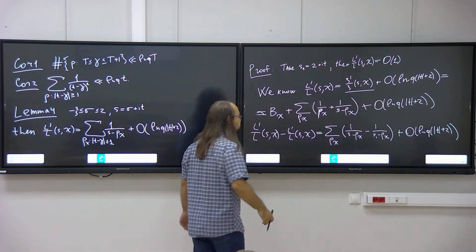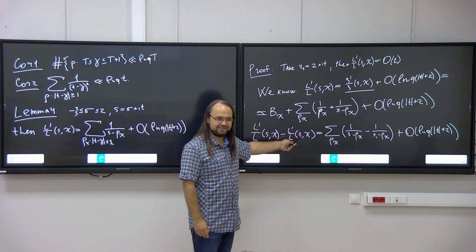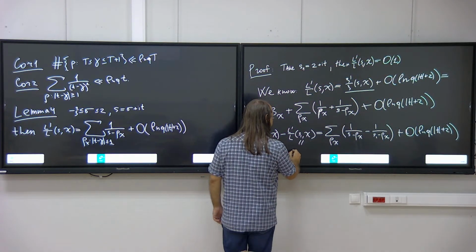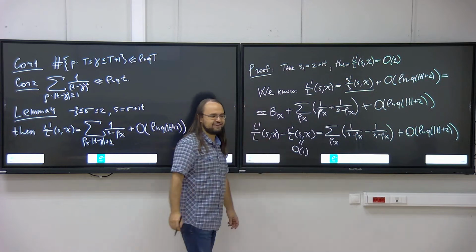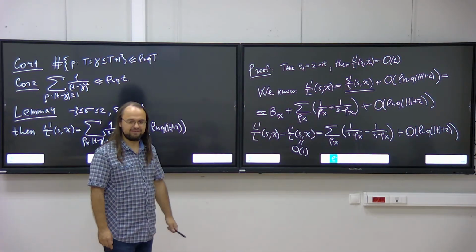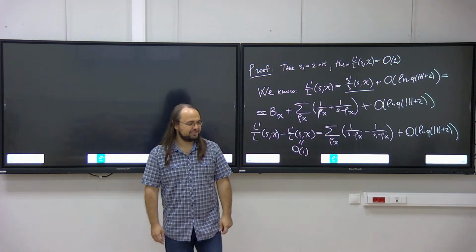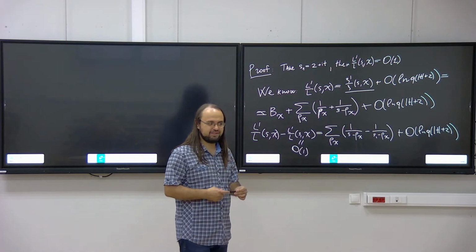Why did we not lose everything yet? Because this thing we subtract is of course big O of 1, right? This is what we discussed above. So we subtracted something very simple, and then we get this expansion.